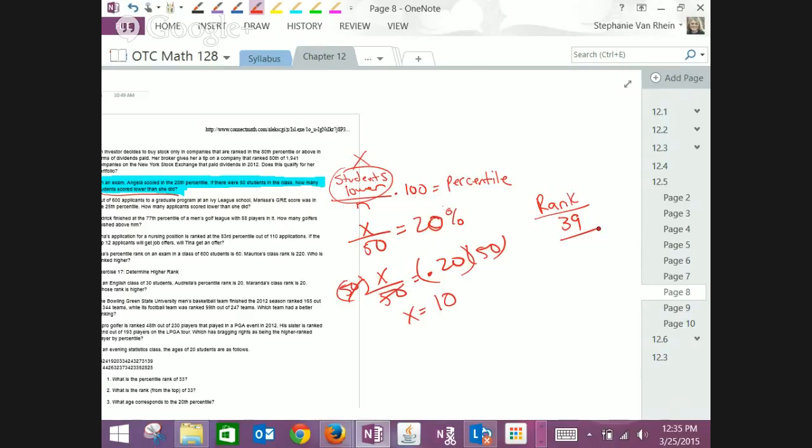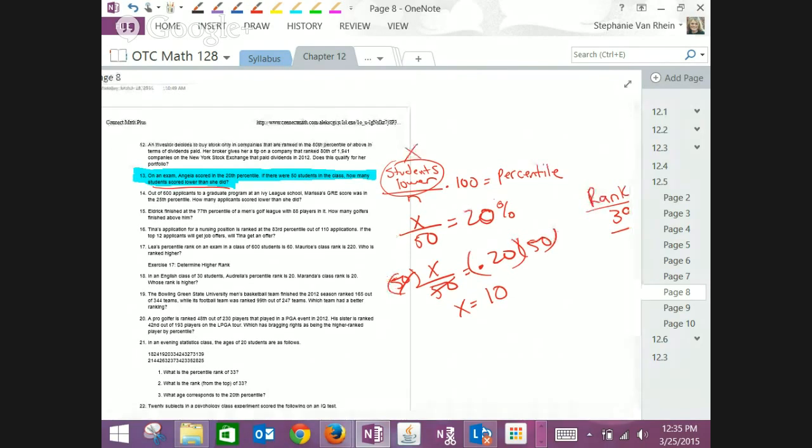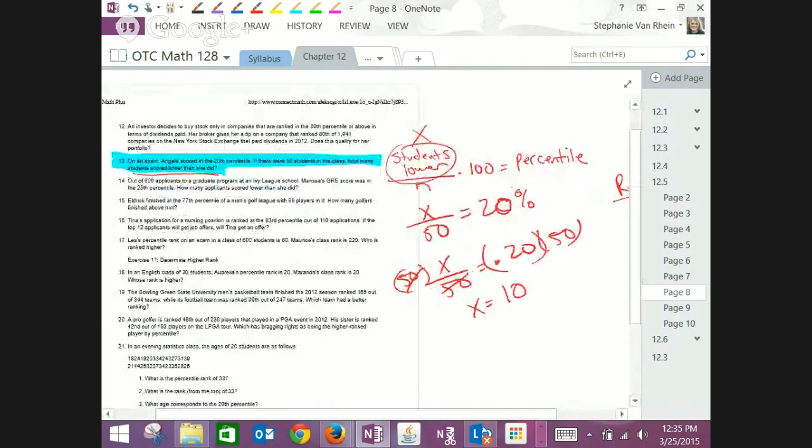That's why percentile rank and rank are kind of backwards of each other, because percentile rank is how many people are below you. 20% of the class is below this person. She's ranked 20th, let me go back. Percentile is below. She scored in the 20th percentile.